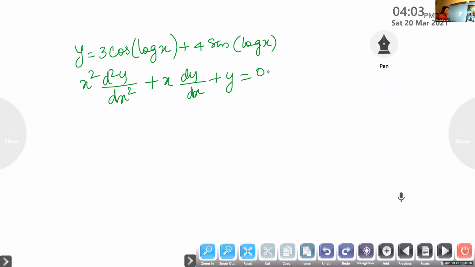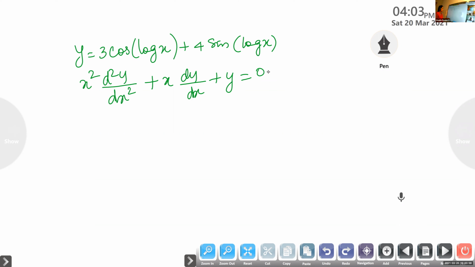Is there any arbitrary constants a, b? No, isn't it? So that means it is not a general solution. Instead of a and b, some values are given there, 3, 4. That means it is a particular solution.